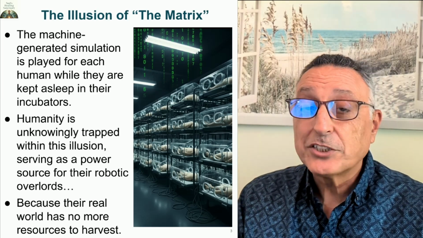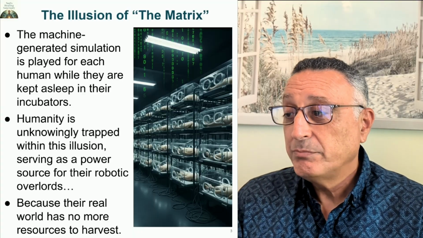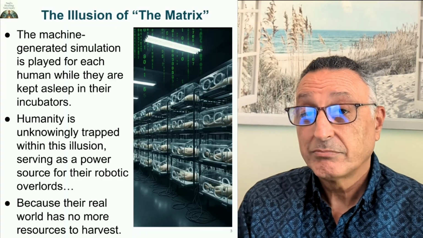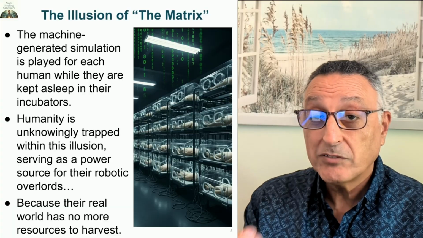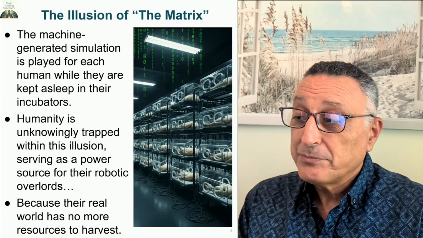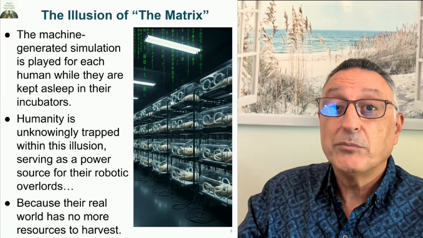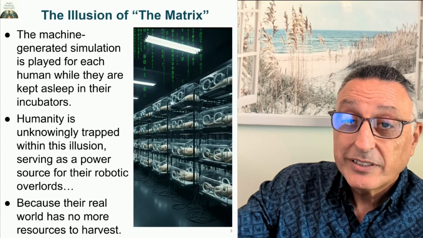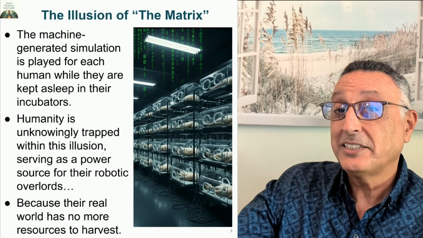So they're unknowingly trapped in this illusion, and they're serving as a power source for the matrix through their body heat, which is being harvested by the robots, the machines, in order to continue and power the fake reality, the matrix. All right. And so they're kept asleep so they don't cause any trouble.